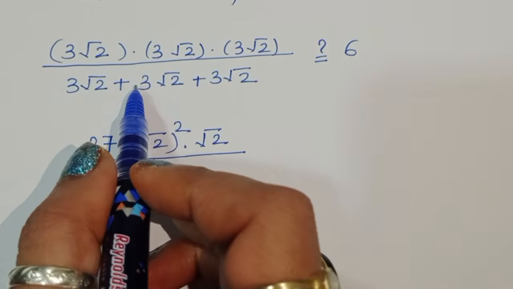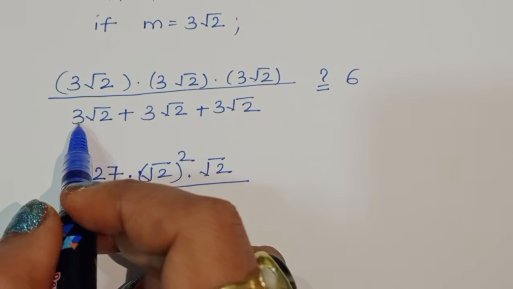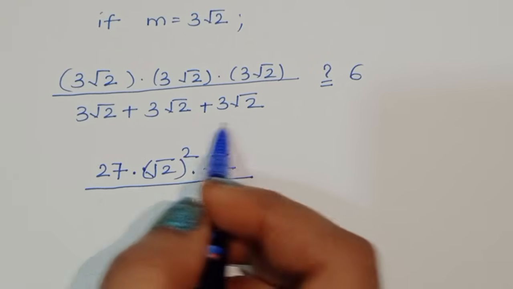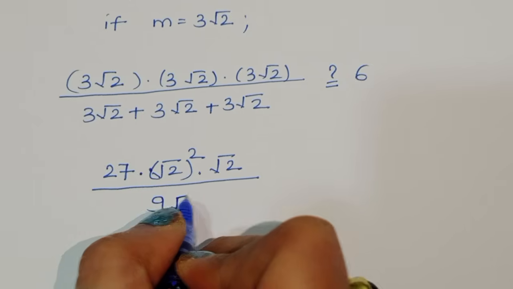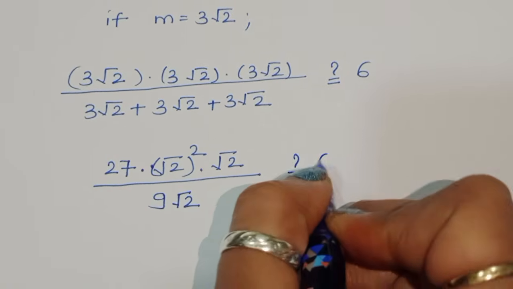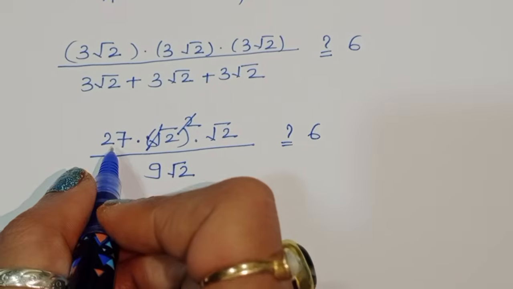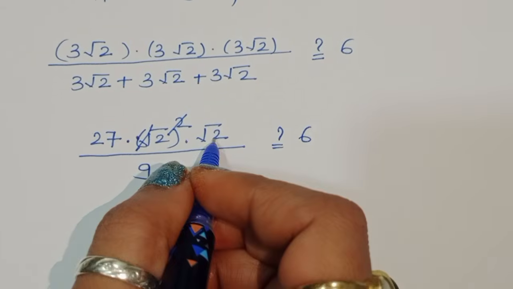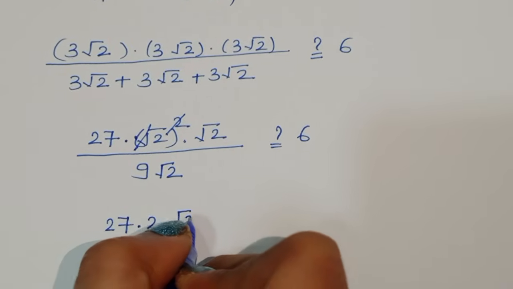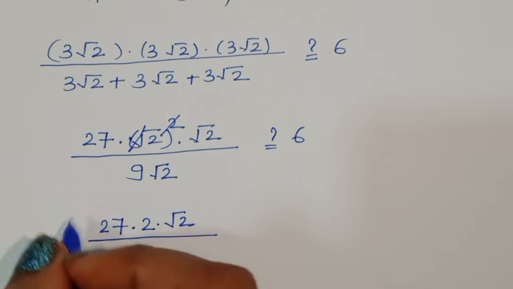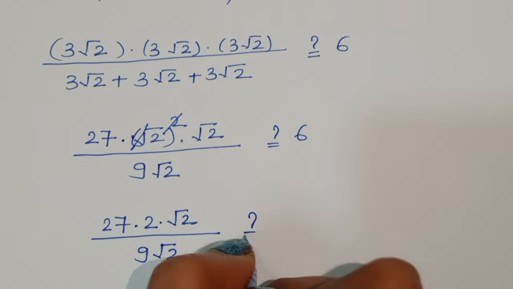Divided by 3 plus 3 plus 3, which becomes 9 square root of 2, question mark 6. Now the square cancels with the square root here, so it becomes 27 times 2 times square root of 2 divided by 9 square root of 2, question mark 6.